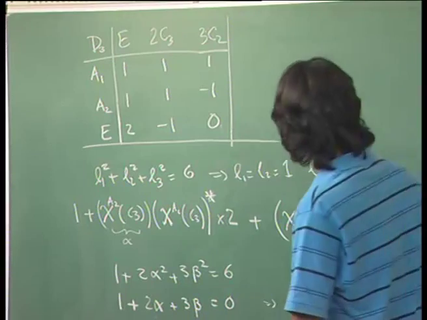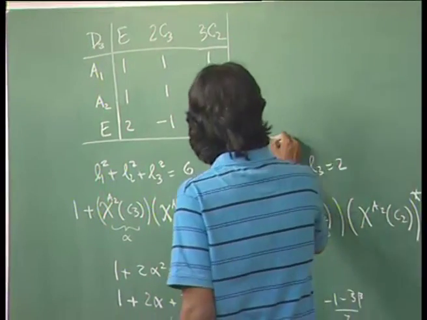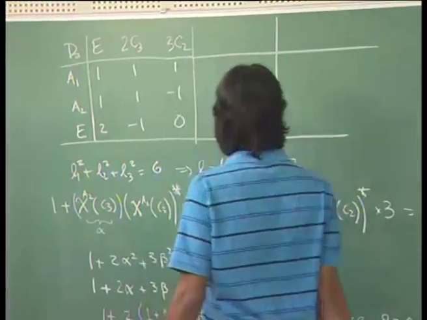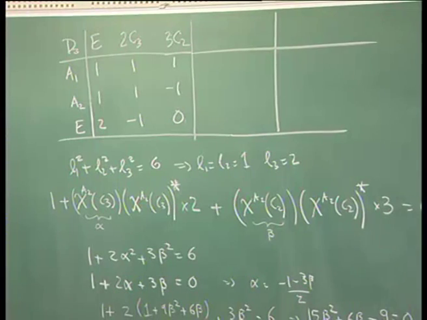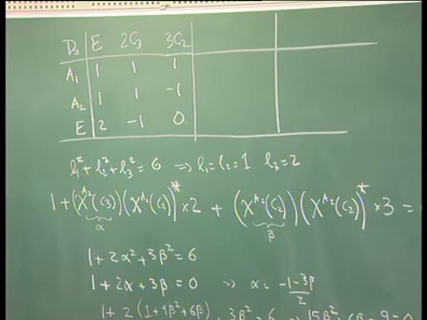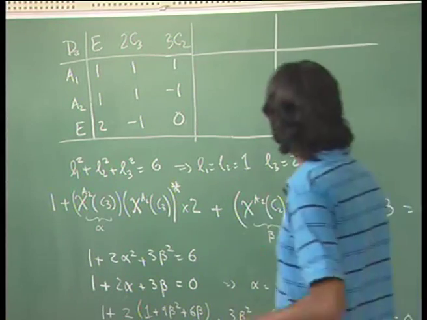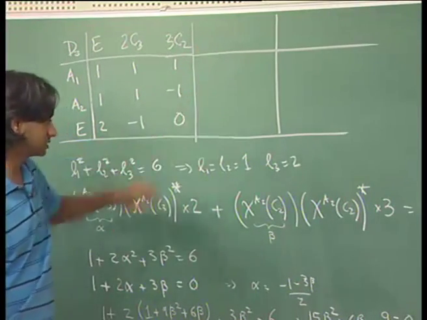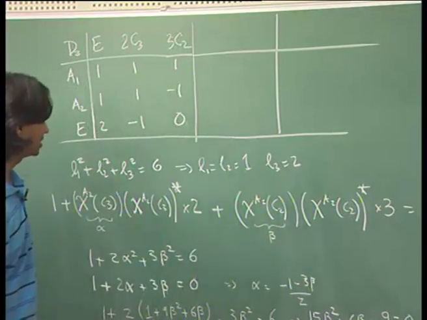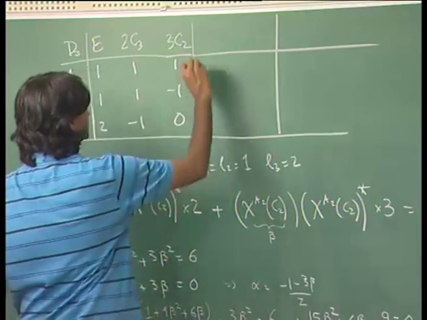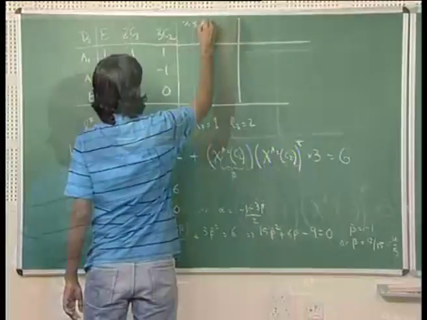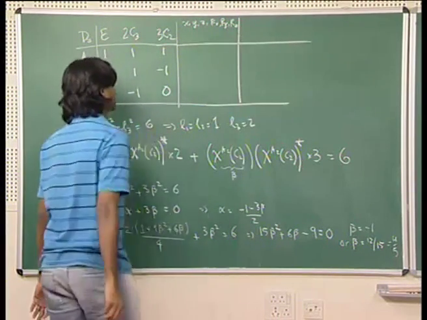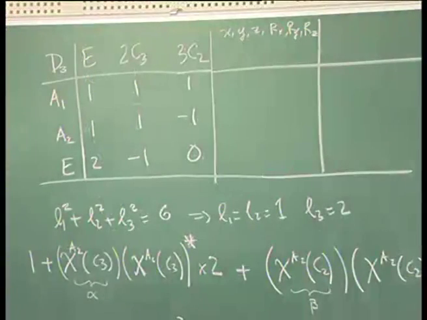Okay. Now if you look at a character table, there are two additional parts of the character table. Okay. And what appears here is one of the following, either x y z, rx, ry, rz. Okay. So one or more of these will appear.